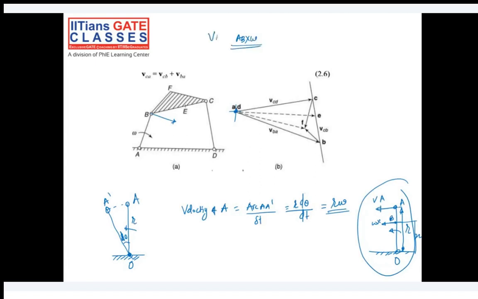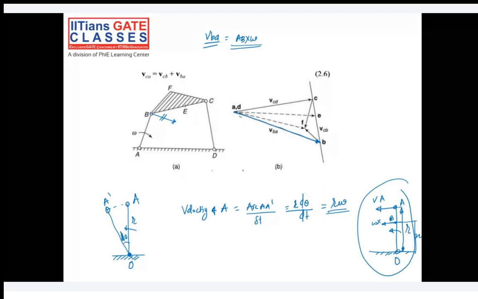Our omega direction is in this direction, that is the reason I have drawn it this way. You don't have to draw the figure in the exam, but you should understand why this is the direction. Since omega is in this direction, the linear velocity of point B will be on the right hand side.